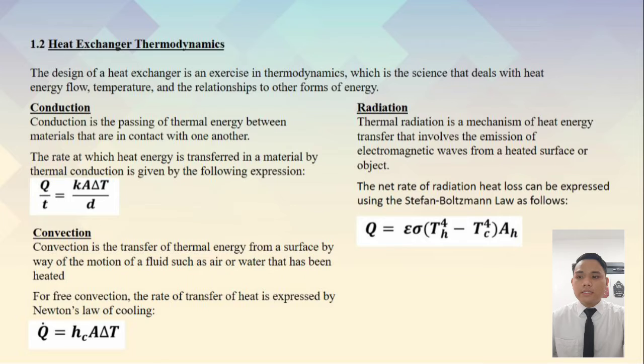For free convection, the rate of transfer of heat is expressed by Newton's law of cooling, which is Q dot equal to hc A ΔT, where Q dot is the rate of the transfer of heat, hc is the convection heat transfer coefficient, A is the surface area over which the convection process is occurring, and ΔT is the temperature differential between the surface and the fluid.